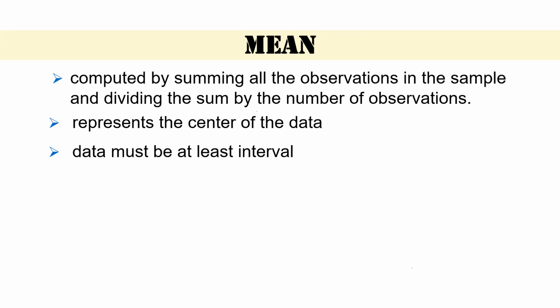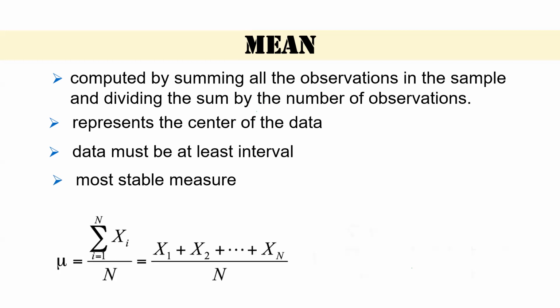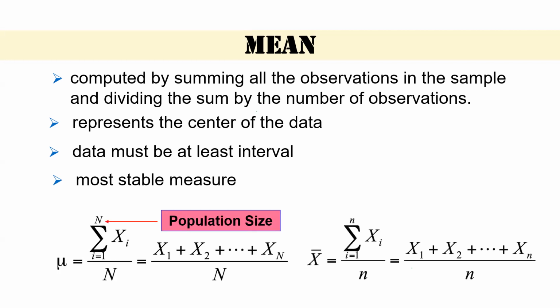Meaning to say, your data should be either interval or ratio only. If your data is nominal or ordinal, then the mean cannot be computed. And it is the most stable measure, presuming again that there are no extreme scores.